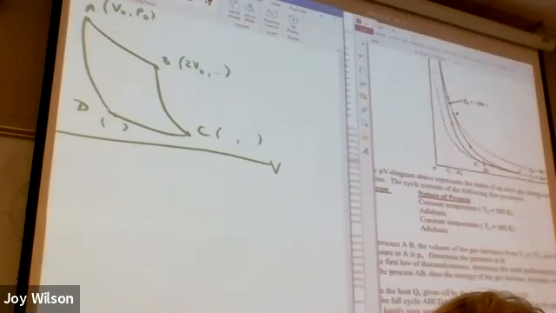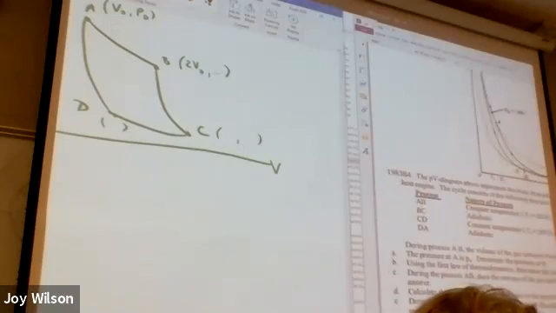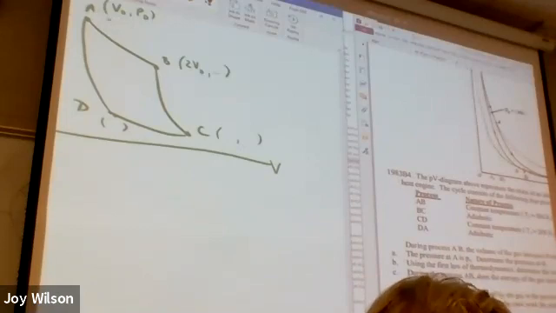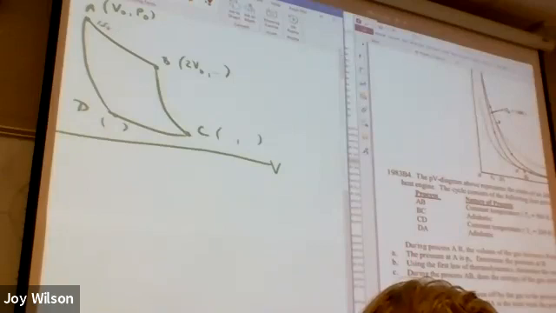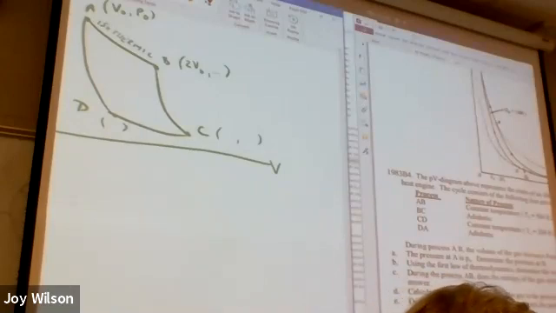It says A to B is a constant temperature, so this is an isothermic process, at a temperature of 500 Kelvin. Then they tell me B to C is adiabatic.